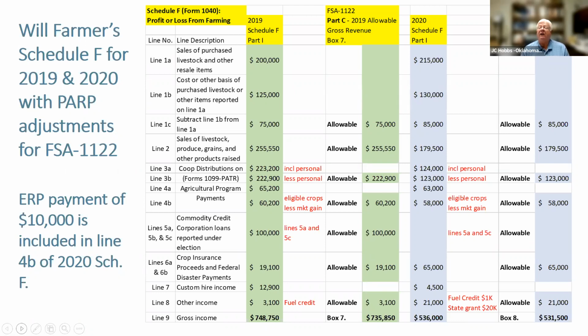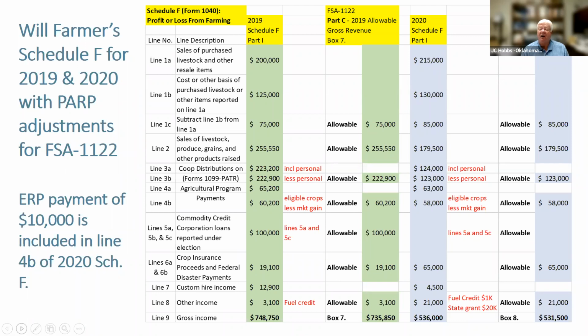Going over to the 2020 numbers, the pandemic year, the same kind of scenarios apply. We have the patronage dividend being adjusted by $1,000. The ag program payments, 58,000. That's reported because of the 5,000 market gain that came in the prior year.